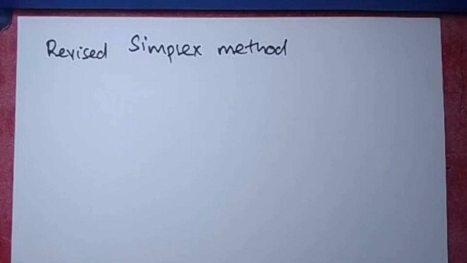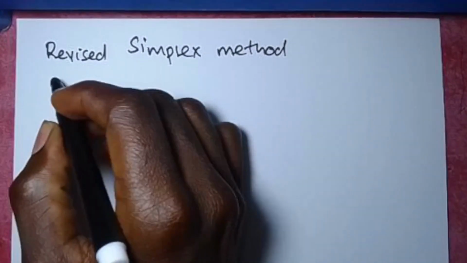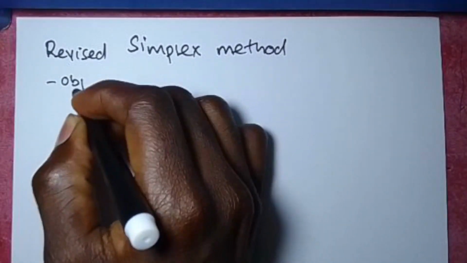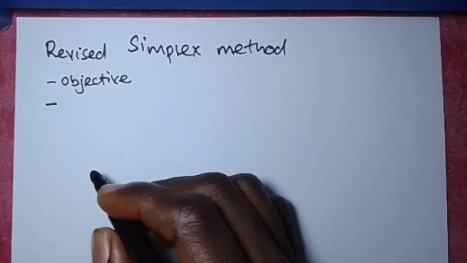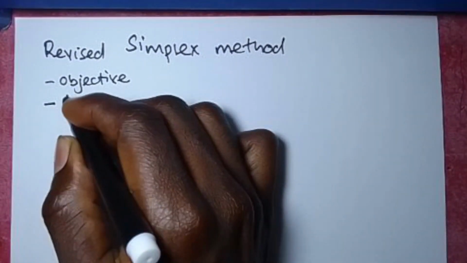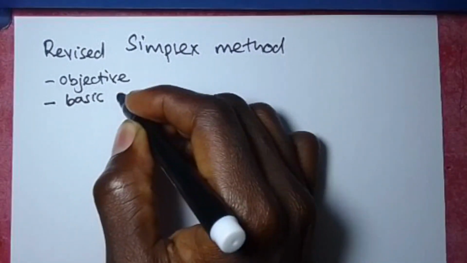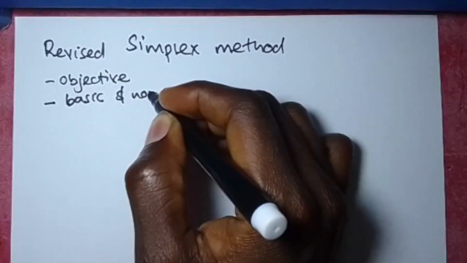Now, the revised simplex method has three main things that we shall need to look at. First of all, we need to understand the objective equation. Then we need to have knowledge of basics and non-basics.